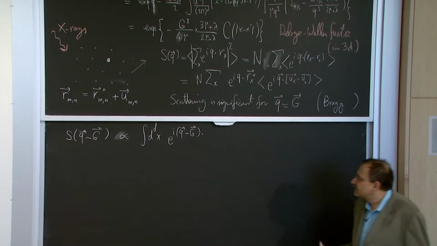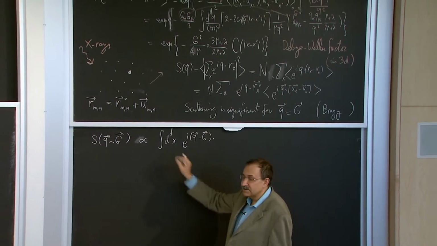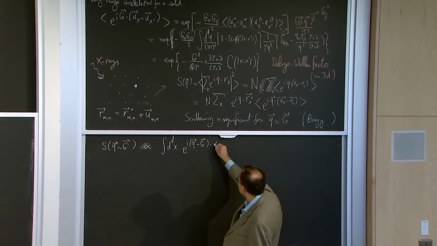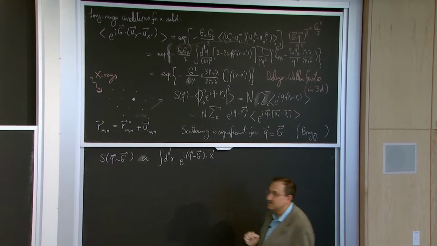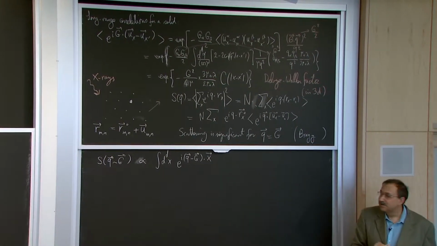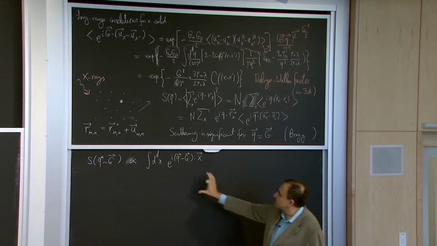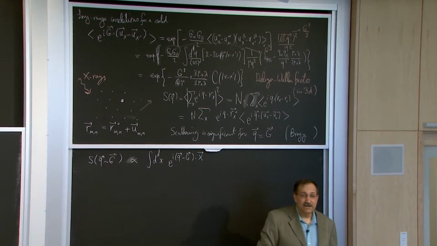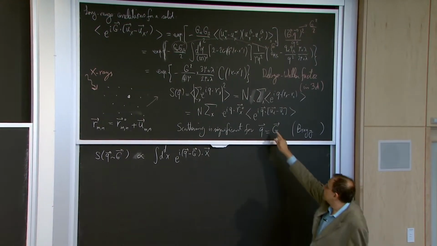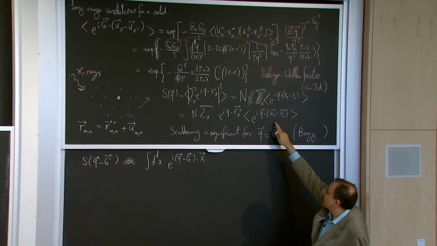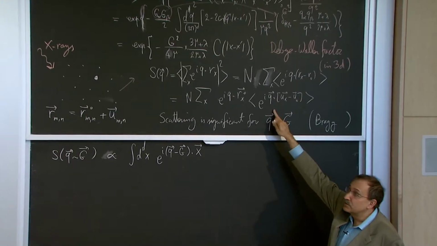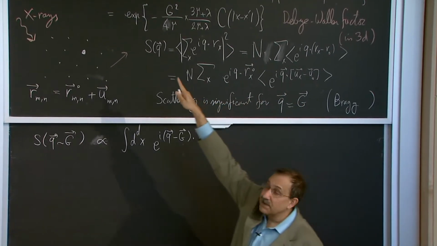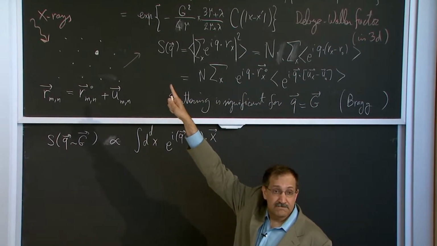And I should really write this as a sum over lattice points, but I can approximate this by an integral. The integral again has the property that it will give me 0 unless Q is exactly sitting at G. And then for here, I evaluate this quantity when Q is close to G according to what I have calculated up there.